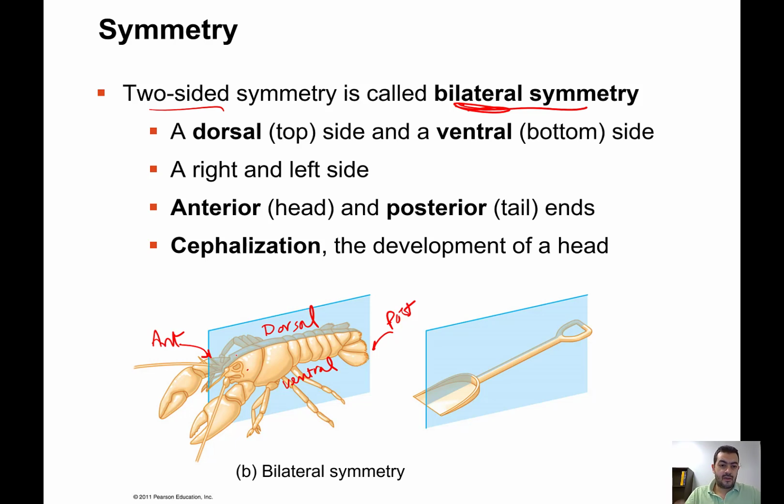So if we have a stimulus from the back, we tend to turn around to feel it and to interact with it, and this is the way we interact with our environment.